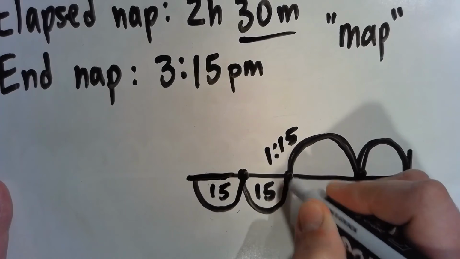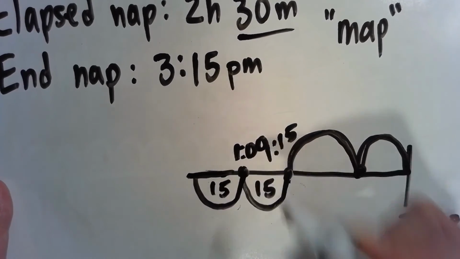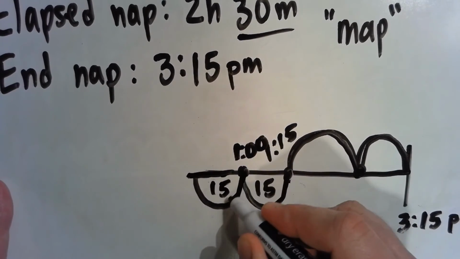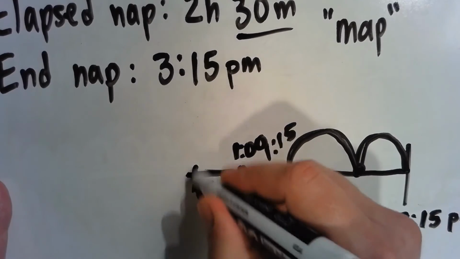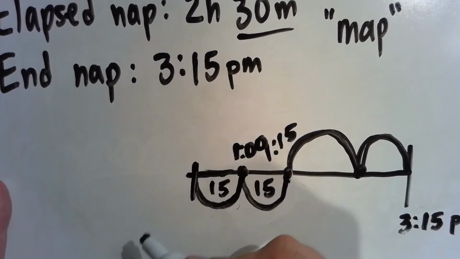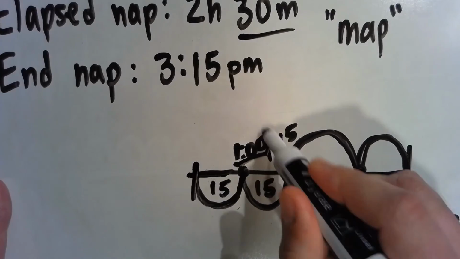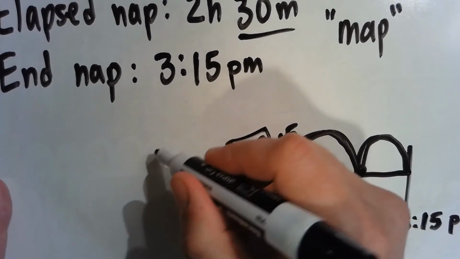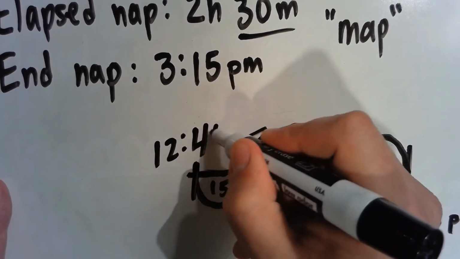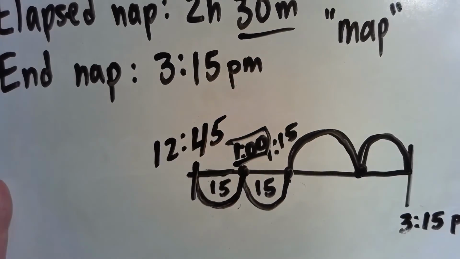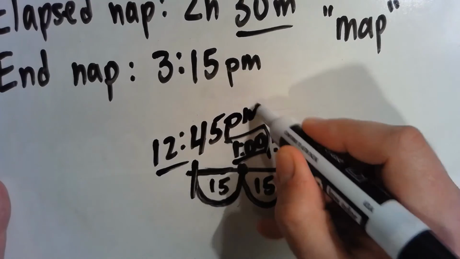So if this takes us back 15 minutes, we're at 1 o'clock. And then we take it back another 15 minutes. Right here at our beginning time is going to be 15 minutes before 1 o'clock, and that makes it 12:45. Start time: 12:45 p.m.